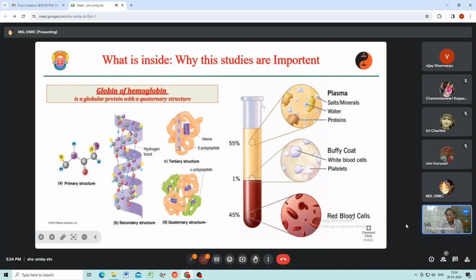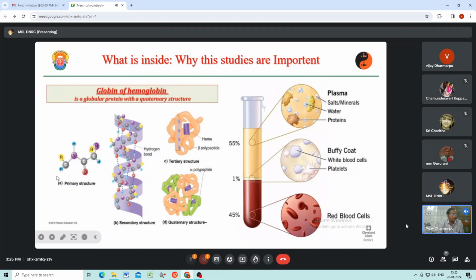Red blood cells. We need to determine the red blood cells. We all know about blood groups, and the blood groups depend upon the cells. Those cells we generally discuss as hemoglobin.